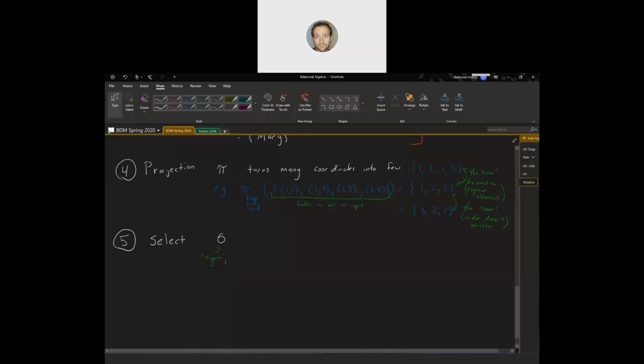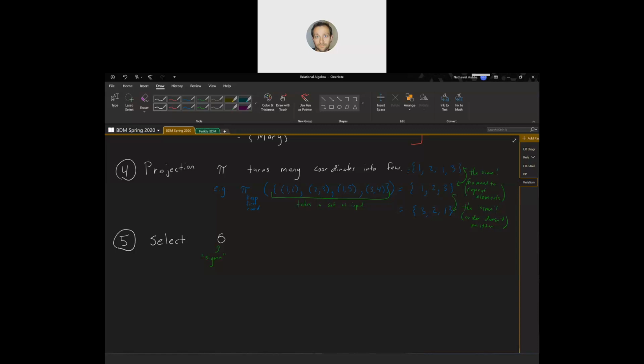This Greek letter is chosen because it starts with an S, as select does. It's read sigma. This is the lowercase sigma. You might be aware of the uppercase sigma that's used for summation in regular algebra. But anyway, relational algebra has the lowercase sigma.